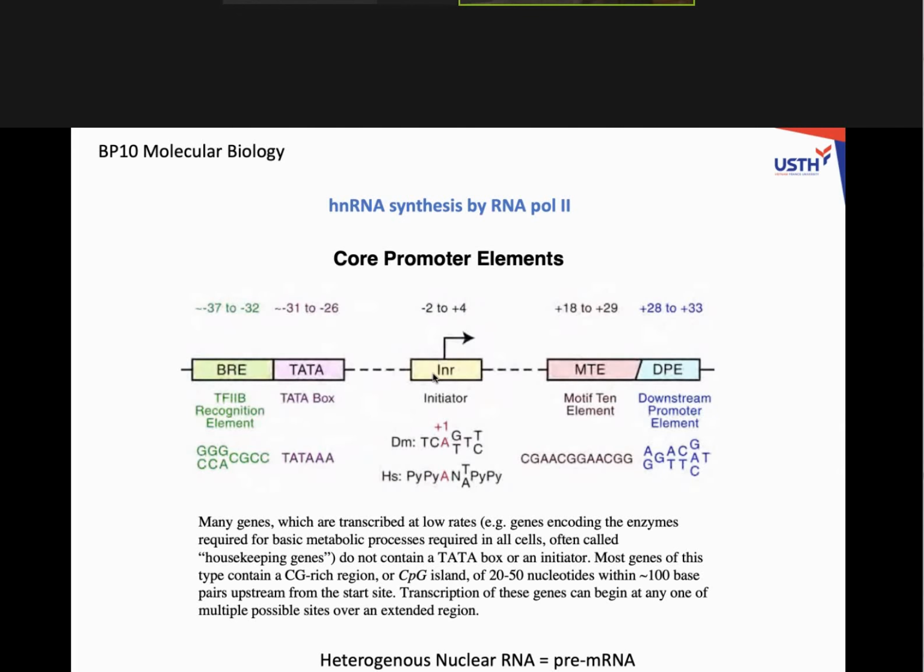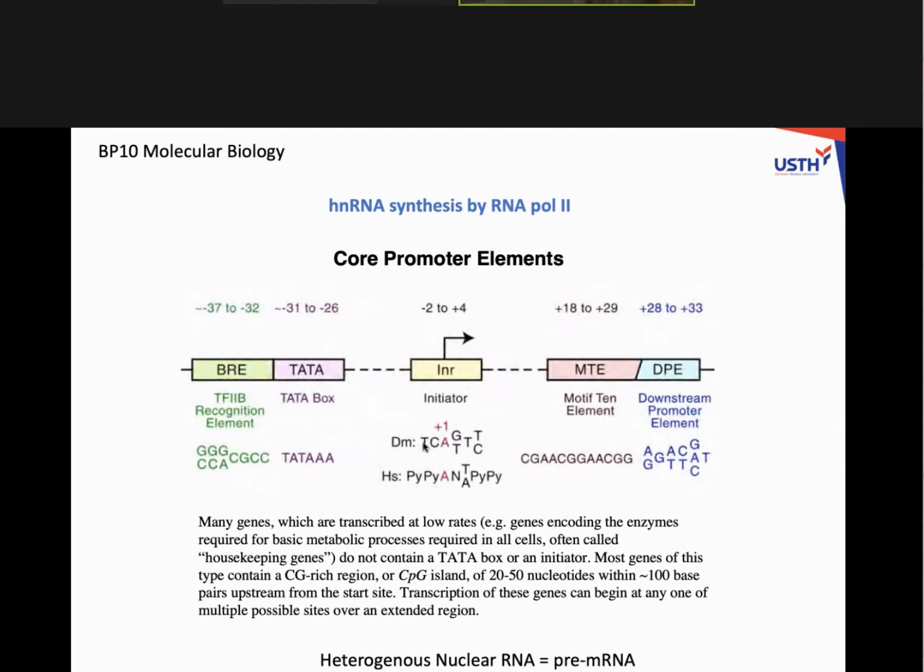There is no similarity at all. So the transcription start is not something that is canonical. It is canonical because it is present in most of the genes, but transcription start sequences are not conserved at all. So this is the consensus sequence, for example, for all the genes in Drosophila.